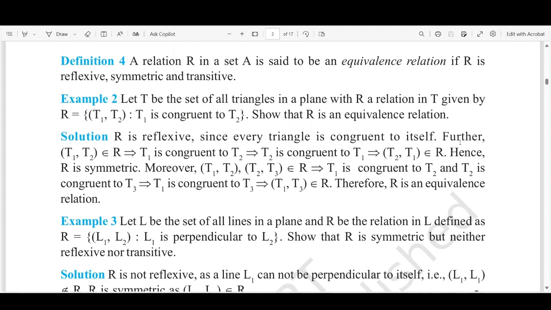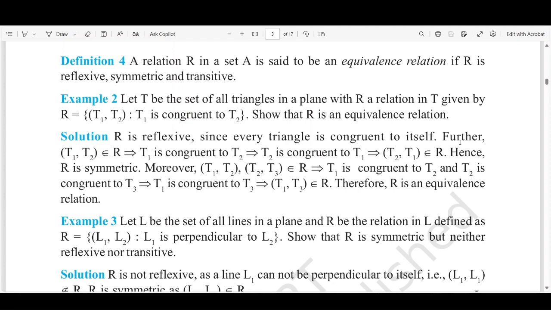So, we can say the sides between T1 and T3 will be equal, similarly the angles. Therefore, we can say T1 and T3 are congruent. Therefore, the relation R is transitive. Since the three properties are satisfied, we can say the relation R, T1 is congruent to T2, is an equivalence relation.